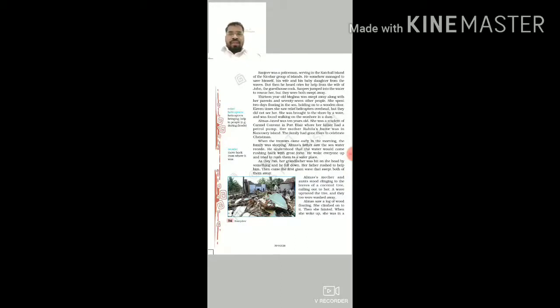Serving in Kachal, one of the islands of the Nicobar group of islands, he somehow managed to save himself, his wife and his baby daughter from the waves. So Sanjeev's family was somewhat fortunate, but if you compare, Ignatius was unfortunate. His luck was not there.